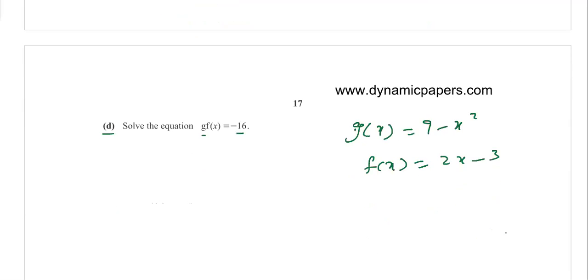So we have to find g f of x. For finding g f of x, what I need to do is put f of x in g. That will be g f of x. So where x is coming, write f of x, 9 minus f of x square. That will be 9 minus, what is f of x? It is 2x minus 3.